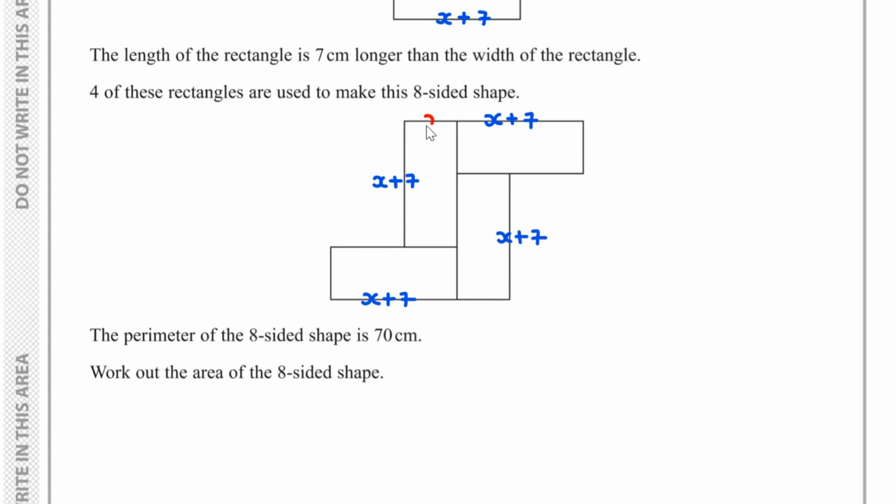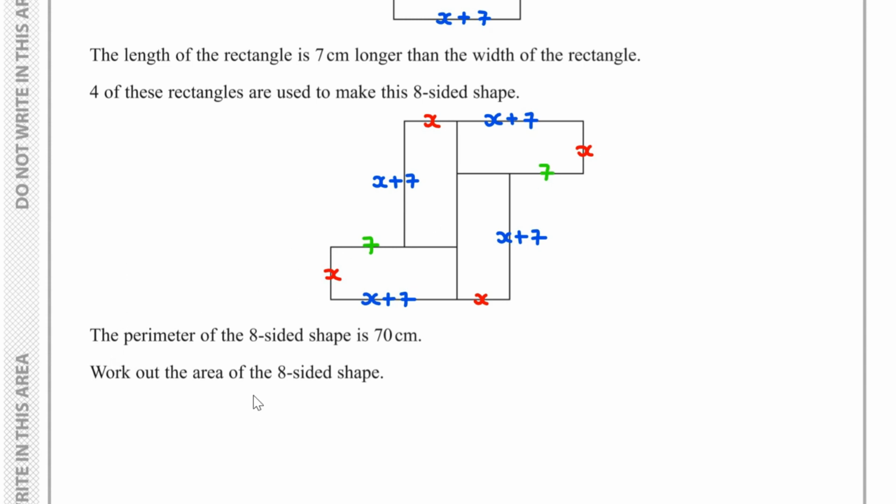We've got x here, we've got x here, we've got x here, and we've also got x here. So this length over here will be 7 plus x, take away the x, which is just 7. So here we've got 7, and here we also have 7.